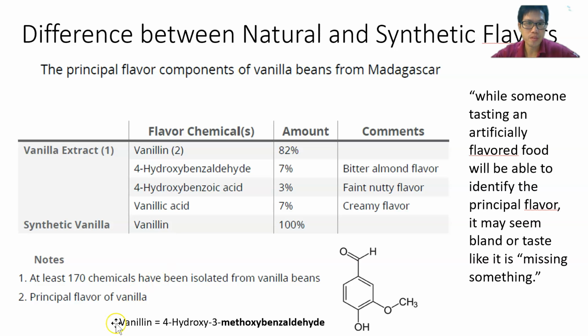Vanillin is 4-hydroxy-3-methoxybenzaldehyde, and this is the molecular structure. Now you understand the difference between natural extracted flavor and synthetic flavor. Natural has more molecules. Synthetic is 100% the character impact flavor.